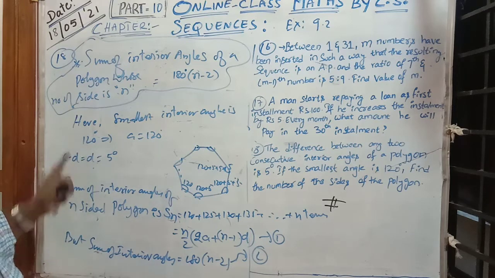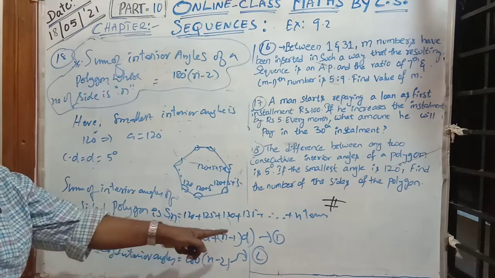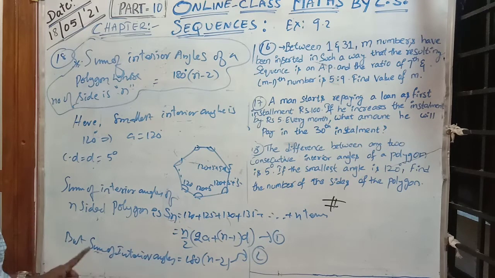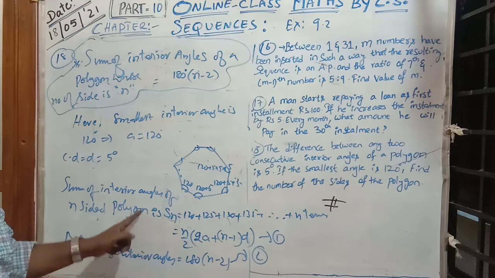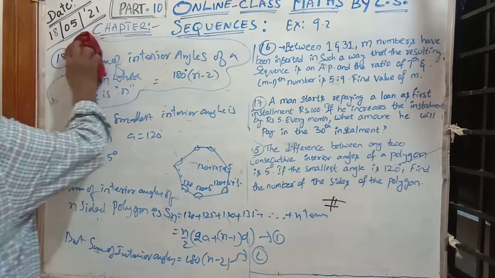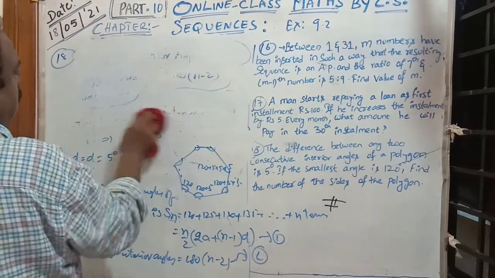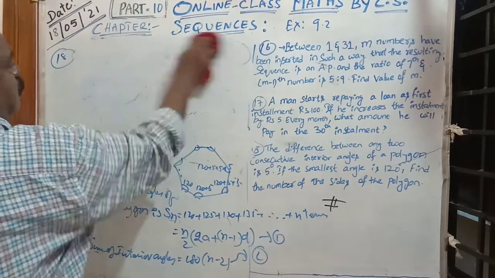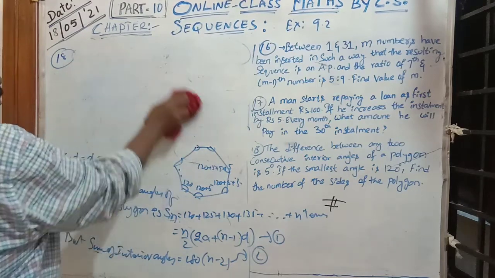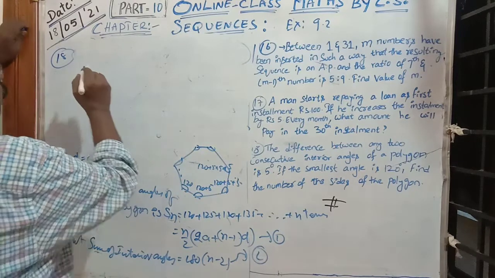Now, by the progression, I took Sn is equal to n by 2 of 2a plus n minus 1 into d. That is equation 1. But by mensuration, the sum of interior angles of a polygon is 180 of n minus 2. Now, here both are same.